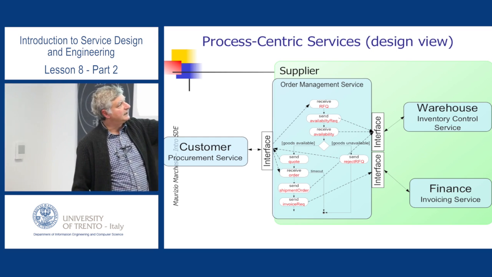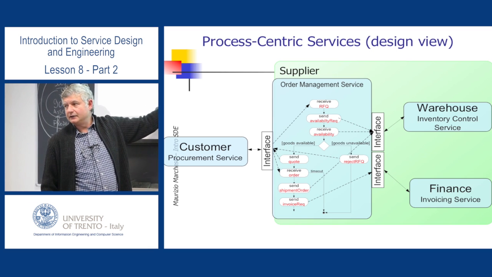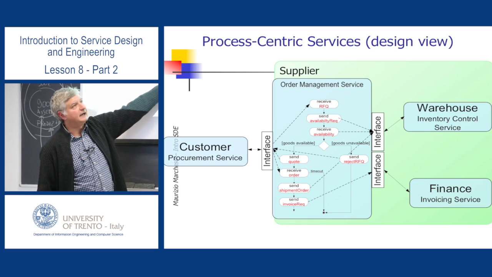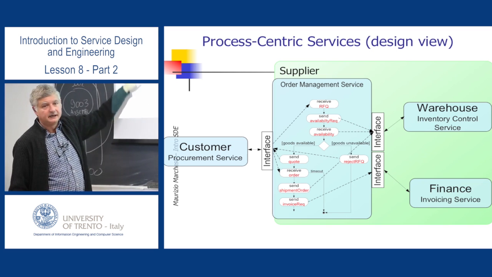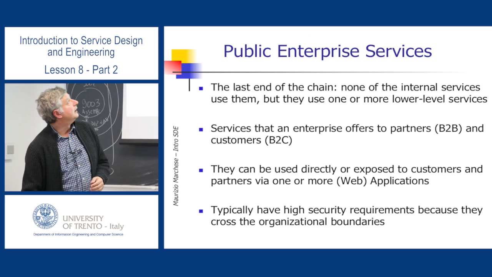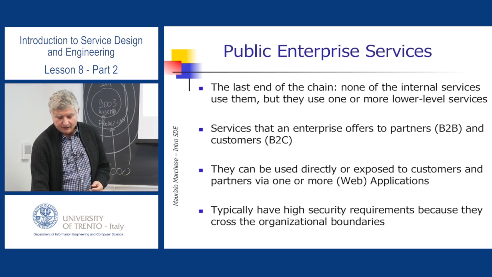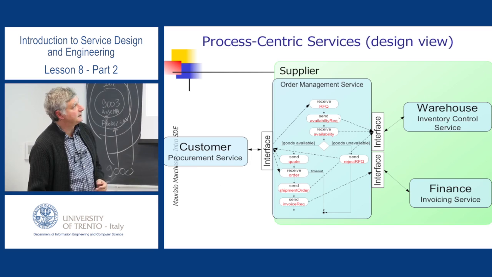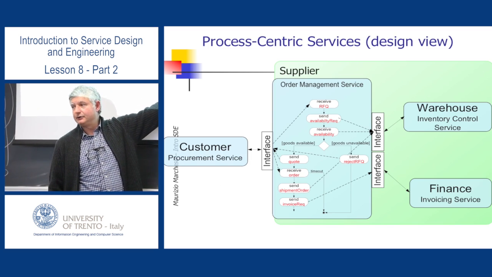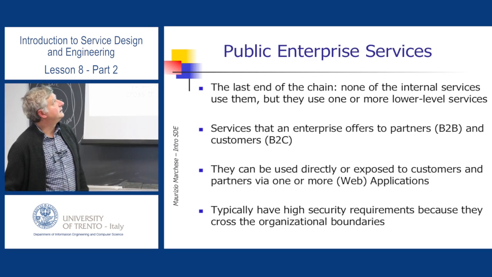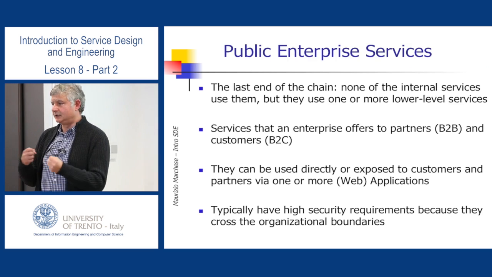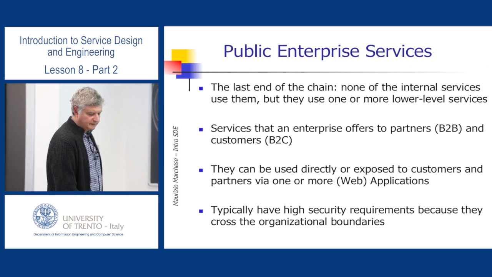So you can imagine a symmetrical thing with obviously different processes, because this is the process of the supplier and this is the process of the customer. This level is the so-called level of public enterprise services. The process services are dealing only inside one ownership domain, and the public enterprise services are dealing with the connection between two different ownership domains.